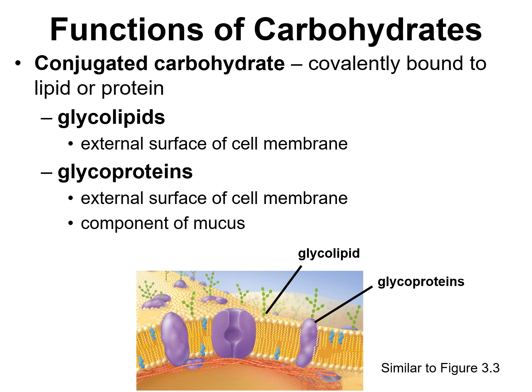These glycolipids and glycoproteins have many functions, which we'll talk about in the next chapter. What I want you to understand here is that while almost all the carbohydrate that we consume is used to make energy, a small amount is actually incorporated into our cells and tissues.